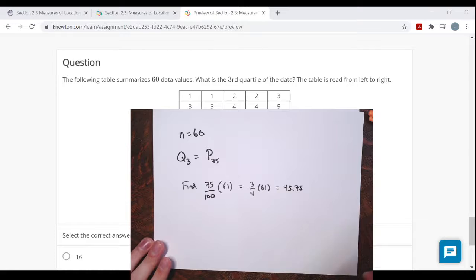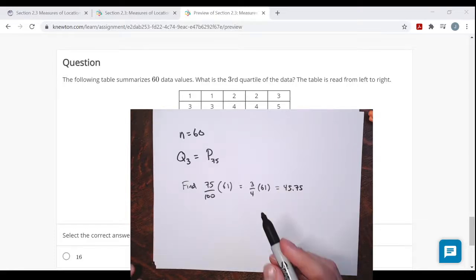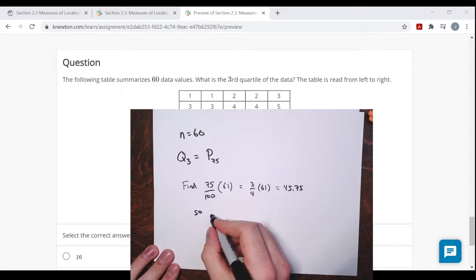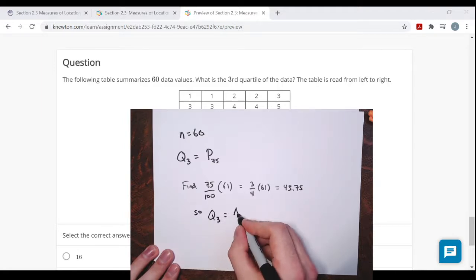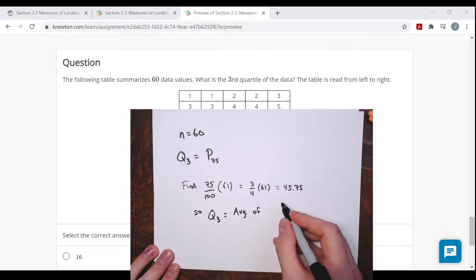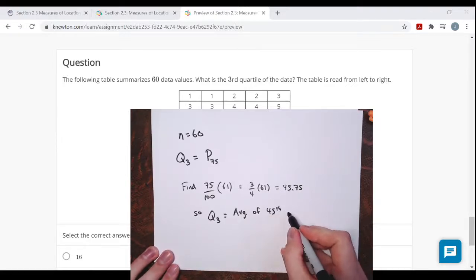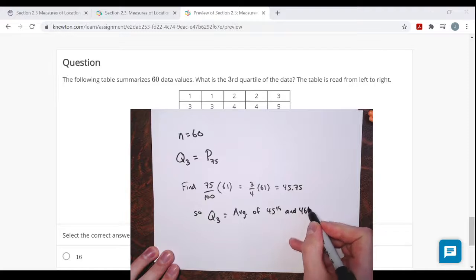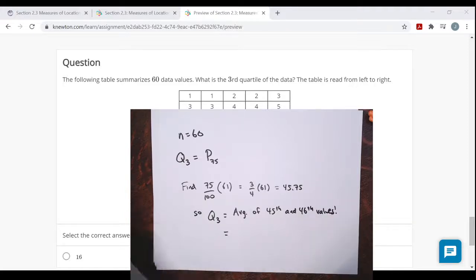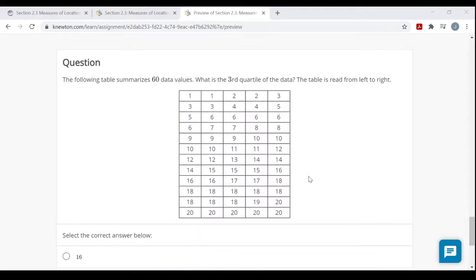Now again, not a whole number, but it is between 45 and 46. So the third quartile is going to be the average, when you write them in order from least to greatest, of the 45th and 46th values. Let's see what those are. Let's go back and find the 45th and 46th values.